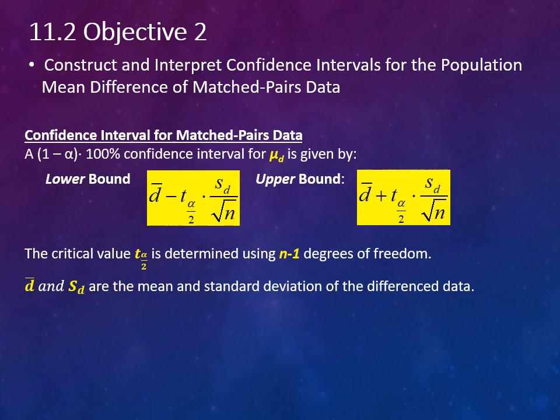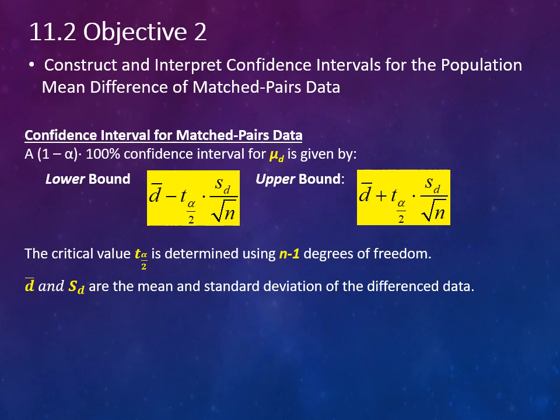Our final objective for section 11.2 is to construct and interpret confidence intervals for the population mean difference of matched paired data. A 1 minus alpha times 100% confidence interval for mu sub d, or the mean difference, is given by the lower bound, d bar minus t sub alpha over 2 times s sub d over the square root of n, and the upper bound is that same formula, but instead of a difference, we have addition or a sum.